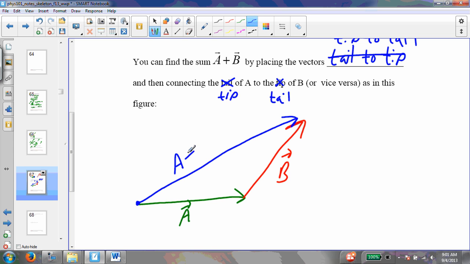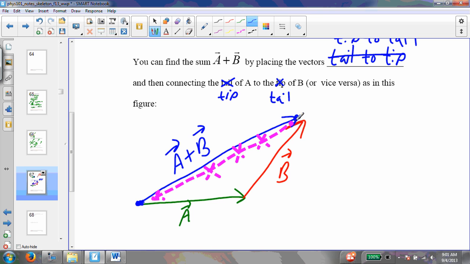So this is going to be the vector A plus B. Notice that I do not draw a line from here to here. That is not the correct answer. I have to draw the line from this point to this point.